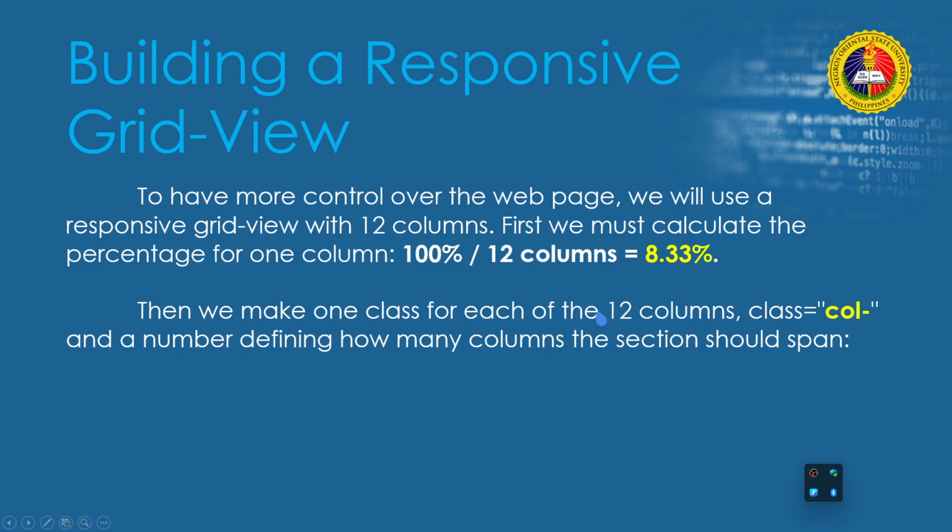Alright, so we've created 12 columns here, and for our style.css, let's add this. So for column 1, the width is 8.33, column 2, and so on.